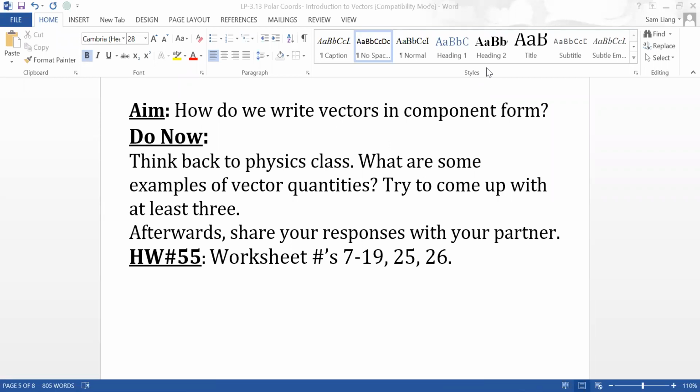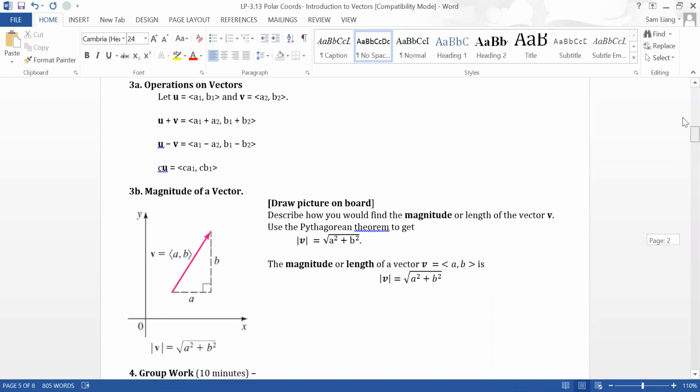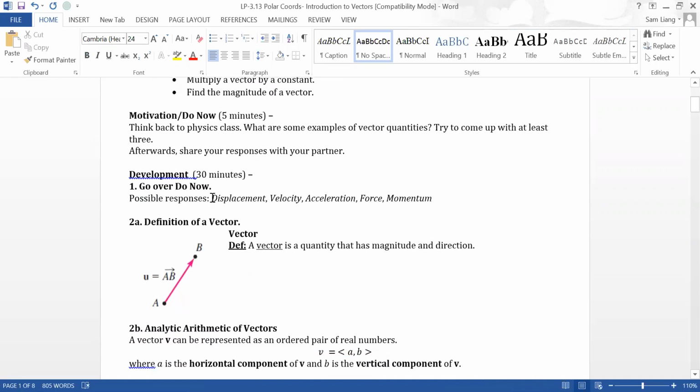I think that should be pretty much it for what you've covered in physics so far. Let me scroll up to my responses. We got the same things: displacement, velocity, acceleration, force, and momentum.